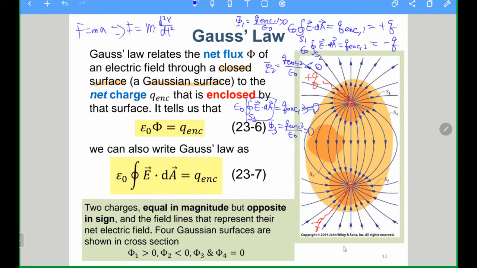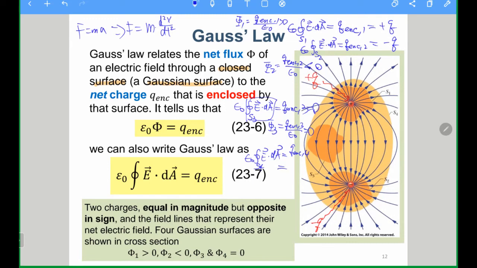Similarly for S4, S4 is the biggest one, like an egg. When we apply Gauss law for S4, we have Q enclosed 4. This Q enclosed 4 encloses both the positive charge and the negative charge.